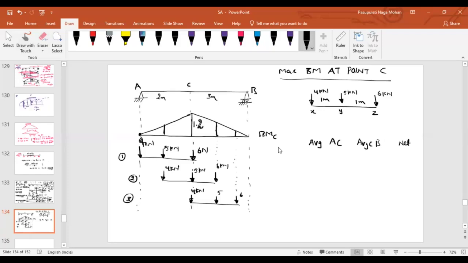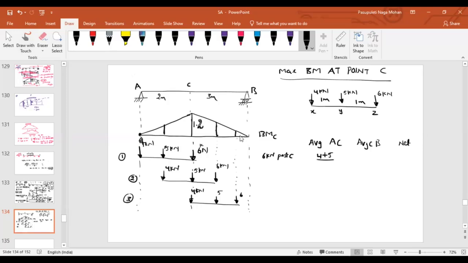Imagine 6 kilonewton passes point C. How many loads will be on span AC? 2, sir. And how many loads on CB? One load. What is the average load on AC then? 5 and 4, sir. Two loads will be in AC.